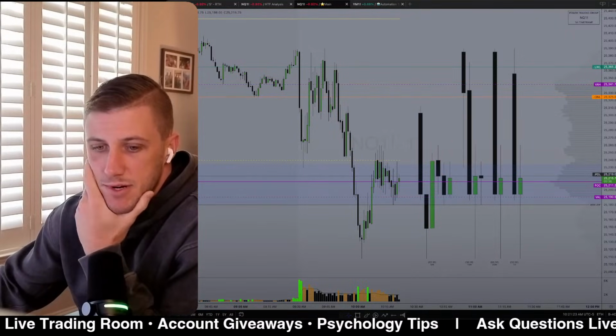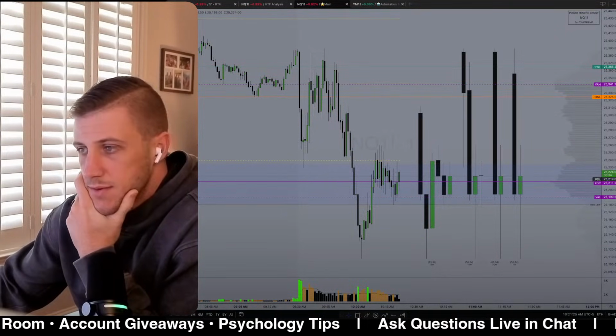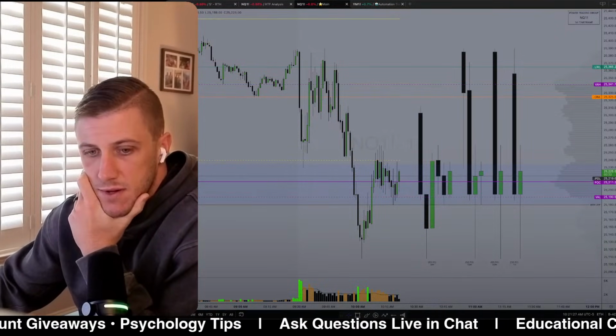And volume kind of tapering down. Give it a little try in there. I don't love how price is responding right now. Not enough clarity. So trail tight.